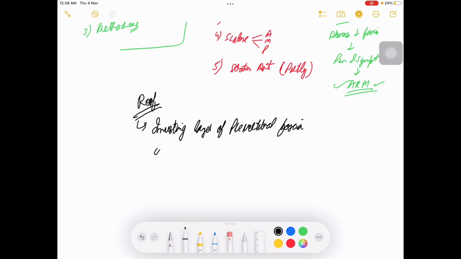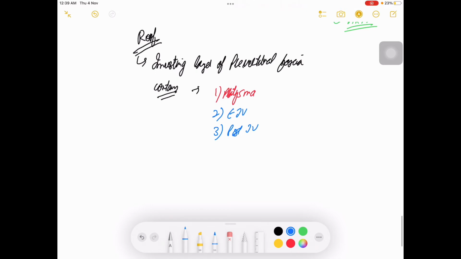And the roof contains platysma, external jugular vein, posterior jugular vein. So you must have noticed that for muscles and arteries I use a red color, for veins I use a blue color.